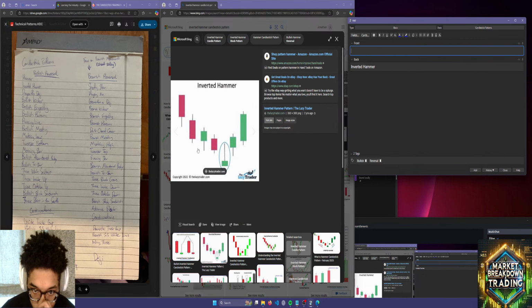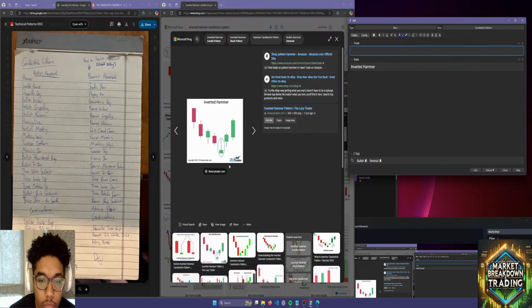Because sometimes if this isn't circled, you look at this and you don't know whether the image is talking about this particular candlestick or something like these three, where you could say it's a morning star or a bullish abandoned baby, right?